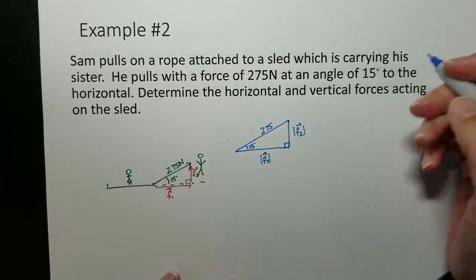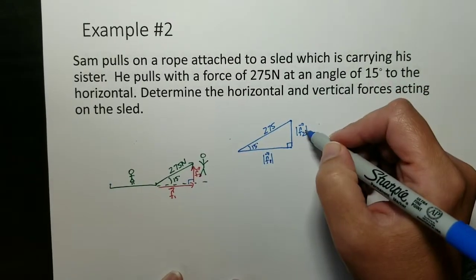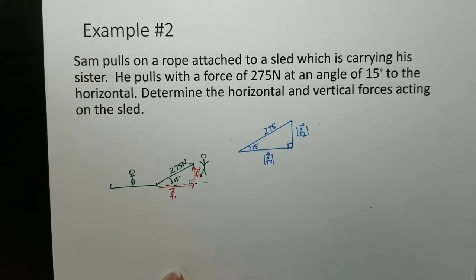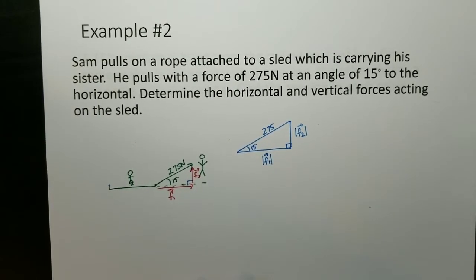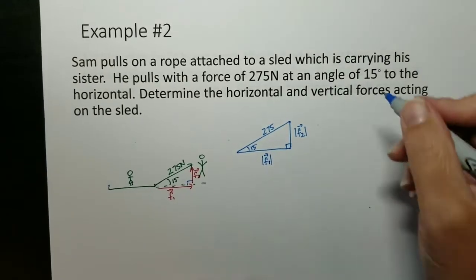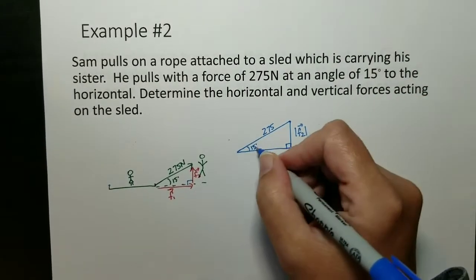So here, I would use just SOHCAHTOA. A lot of people kind of forget SOHCAHTOA, I think, once they learn sine law and cosine law. You can use sine law here, but you really don't need to, because SOHCAHTOA is awesome and it still works great.